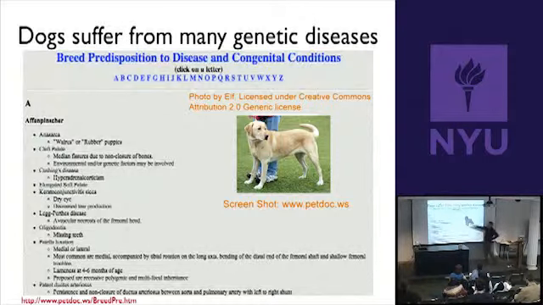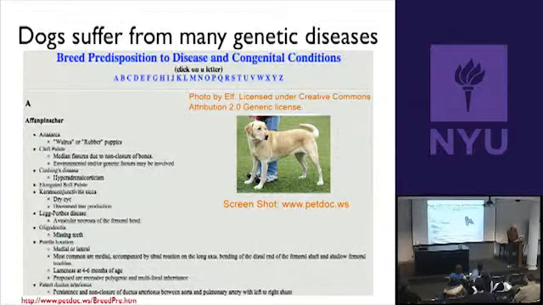So the first breed is the Affenpinscher, and you can see that there are certain predispositions within this breed for a large number of diseases. For example, cleft palate, which is a malformation of the upper lip, and lots of other things, and so you can go down the list and see some really interesting cases.